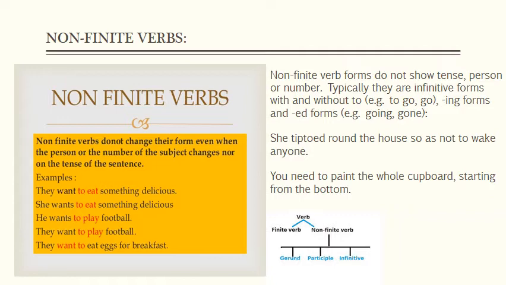Non-finite verb forms do not show tense, person or number. Typically, they are the infinitive form with and without to, for example, to go and just go, and the ing forms and ed forms, for example, going and gone, that means the present and past participles.